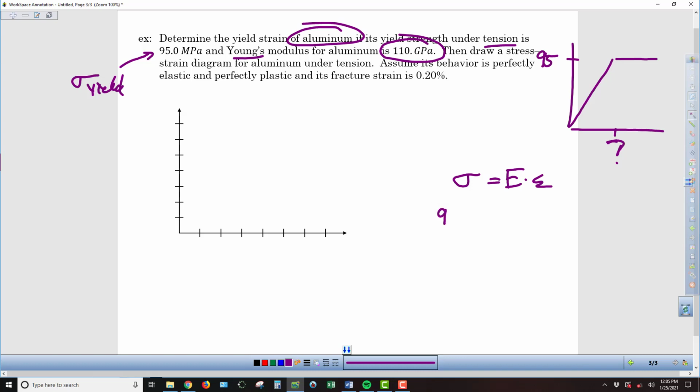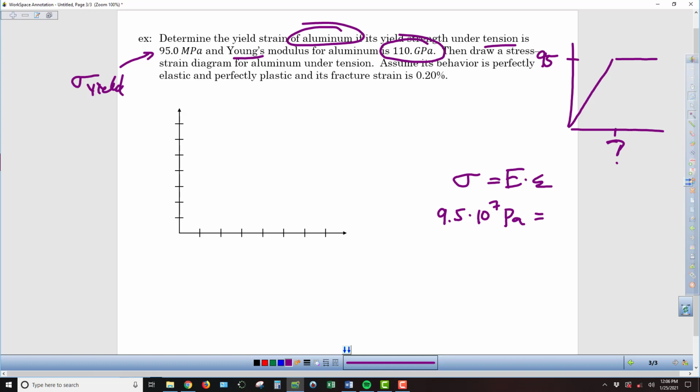So I'm going to express that in scientific notation here. So mega is times 10 to the 6th. So 95 megapascals is going to be 9.5 times 10 to the 7th pascals, which is equal to, now Young's modulus is 110 gigapascals. Giga is times 10 to the 9th.